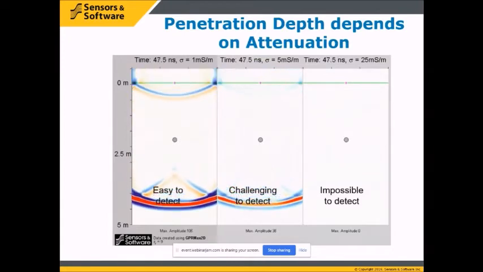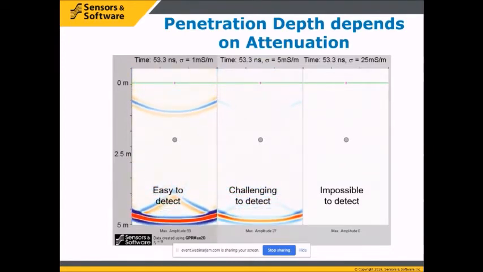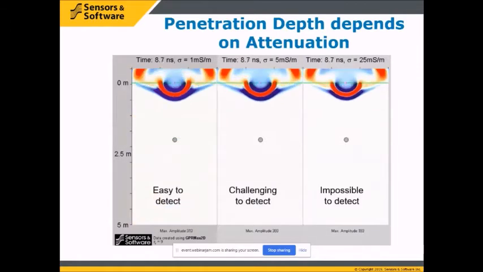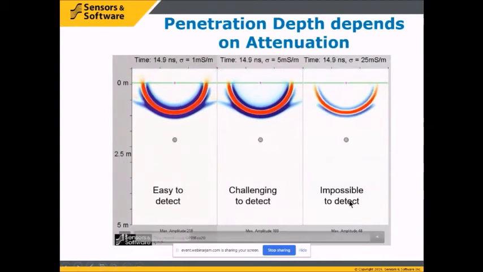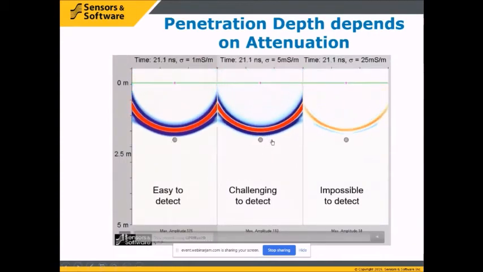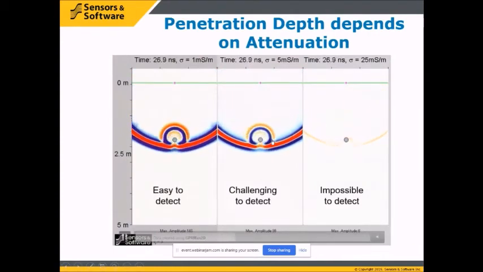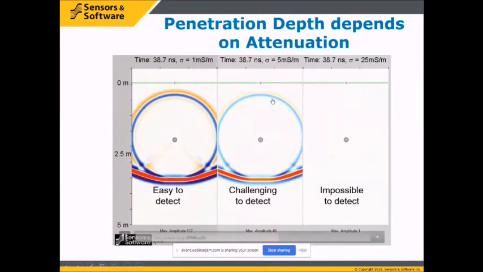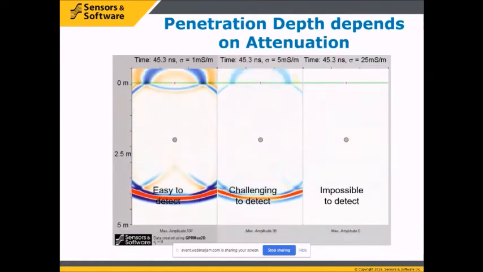In the middle is a material with higher electrical conductivity. The GPR signal is attenuating, but a little bit of the signal makes it back to the surface. We would see this object, but it would be weak. You can just see a little bit of energy making it back to the surface.